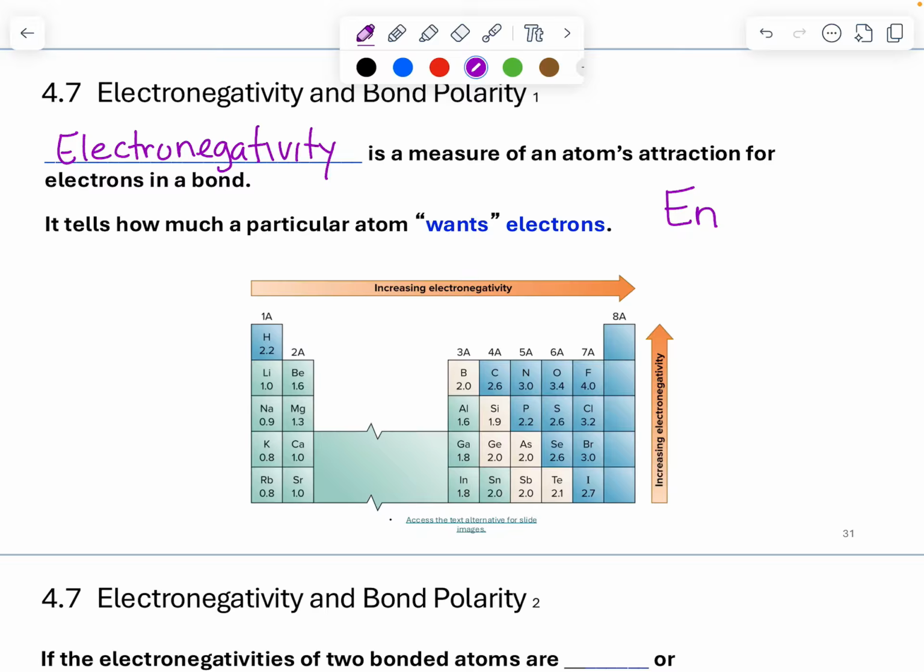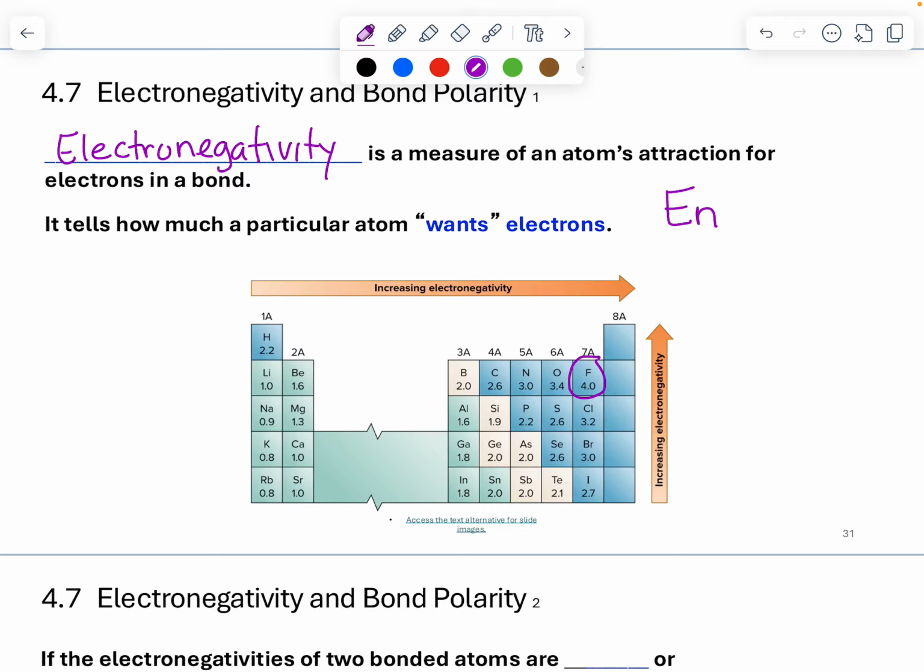One important thing to make note of is fluorine. So this section of the periodic table shows you electronegativity values. So you notice that they've removed the average atomic mass and have placed numbers here instead. There is a scale that measures electronegativity, and it goes from 0 to 4, 4 being the highest.